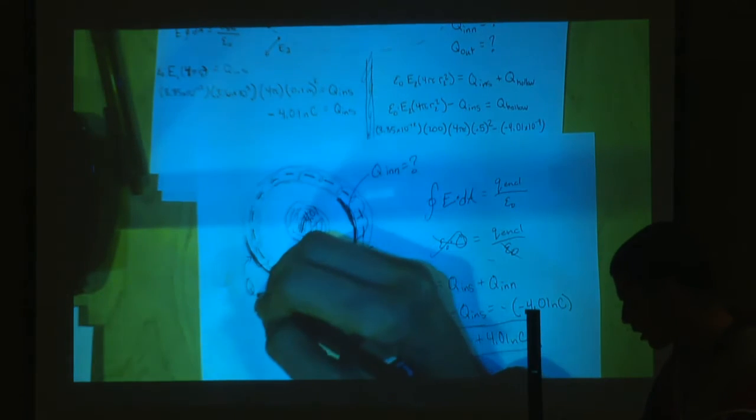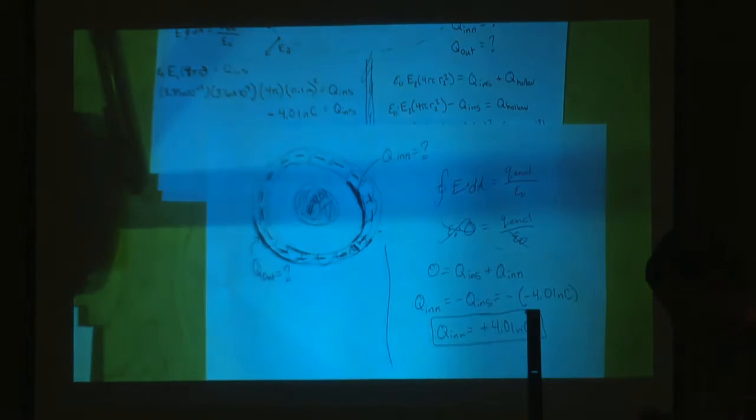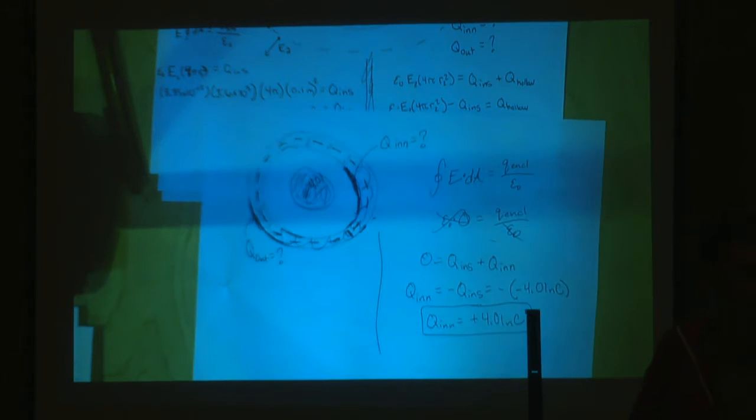Okay. So now what about the outer surface? So here we have Q out equals question mark. What do we do here? This is the easiest one. Around E2? We already did that over here.